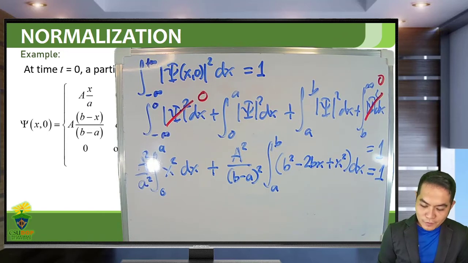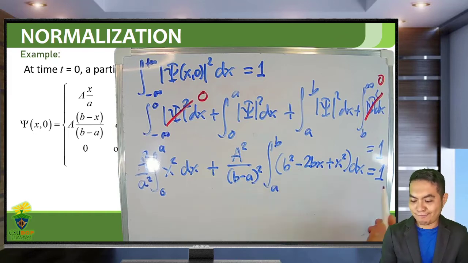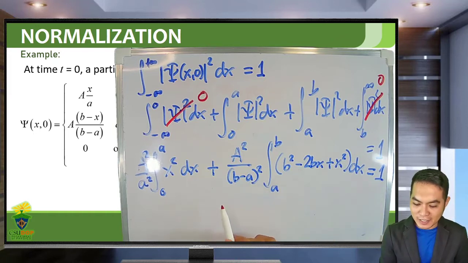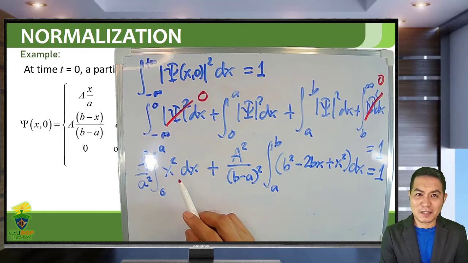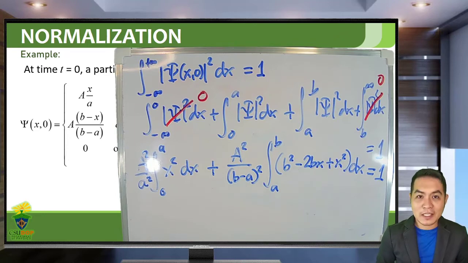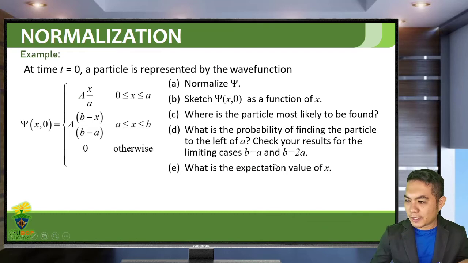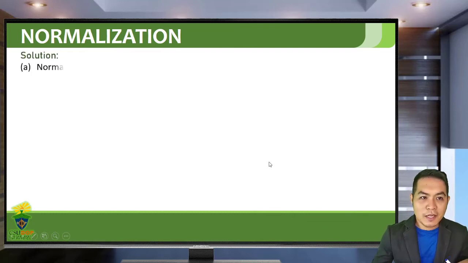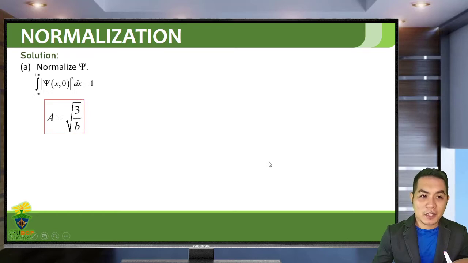I will leave the rest of the solution to you because these are just elementary integrals. The integral of x squared is just x cubed over 3. The integral of x is just x squared over 2, and so on. So you will get a value of A, your normalization constant, equal to the square root of 3 over b.